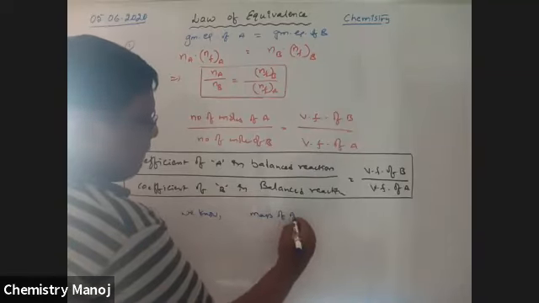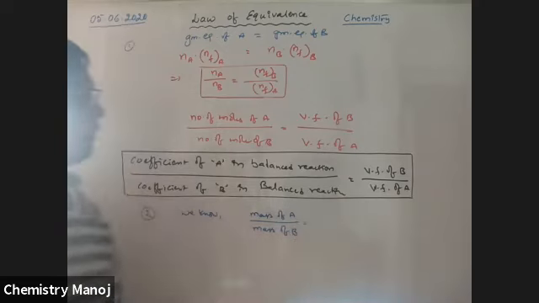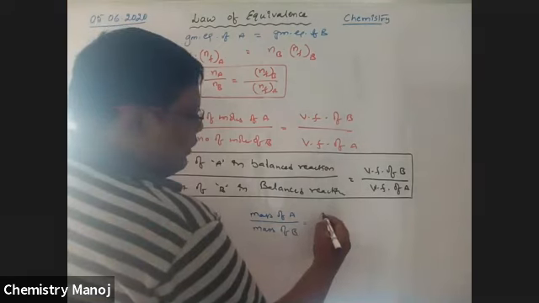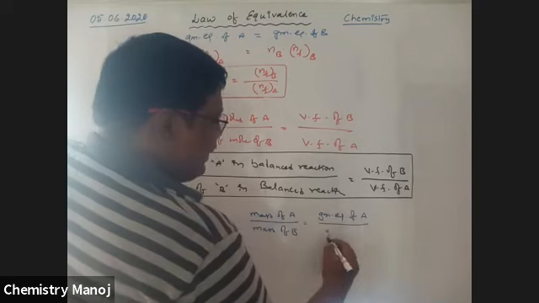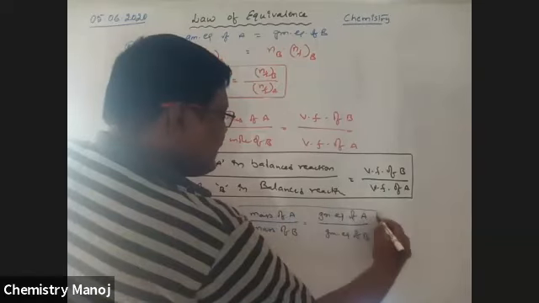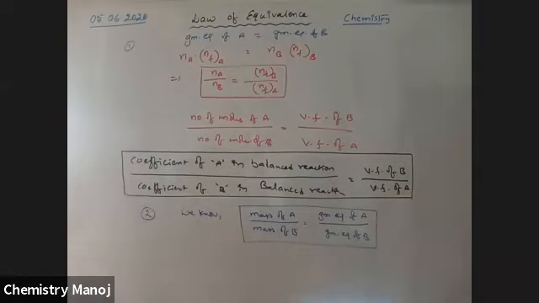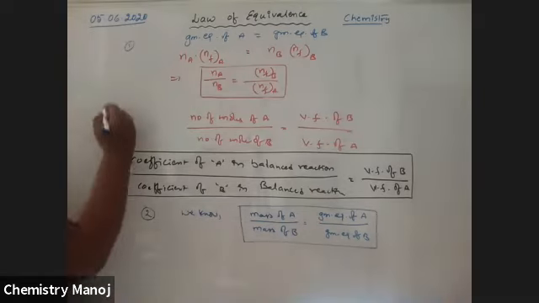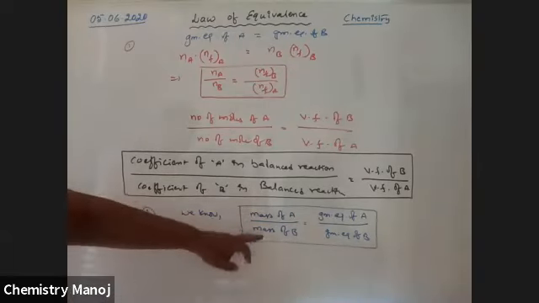Mass of A by mass of B is equal to gram equivalents of A by gram equivalents of B. It is another formula, and a very, very important one.